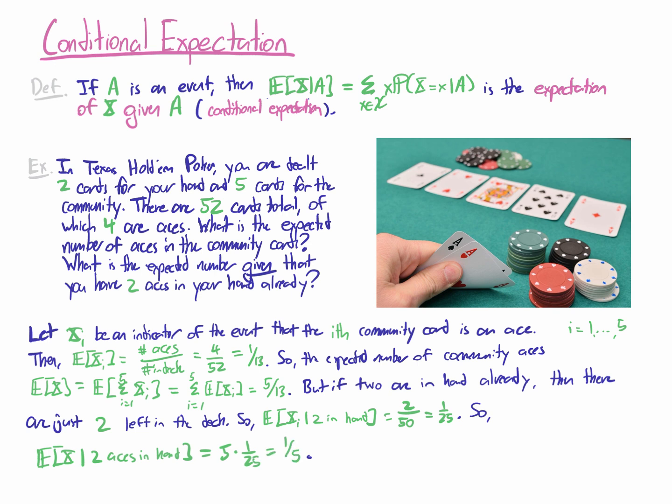So by computing an expectation while factoring in all the information I have, so I have new information that I have 2 aces in my hand, I find that the answer has changed a lot, down from 5 over 13, which is well over a third, to 1/5, which is much, much less. So when I use conditional expectation calculations, I can calculate expectations in different scenarios using all the information I have in those scenarios in order to arrive at a result.